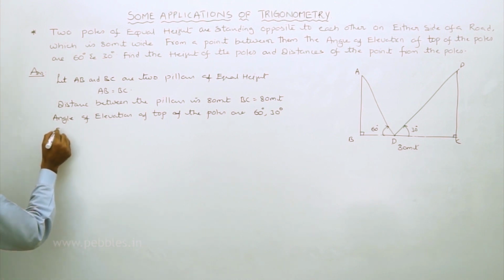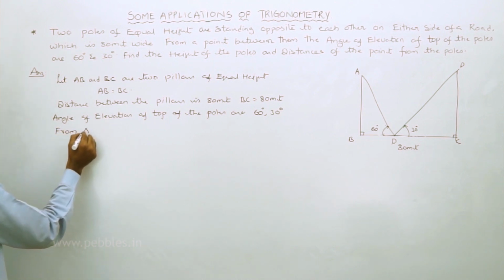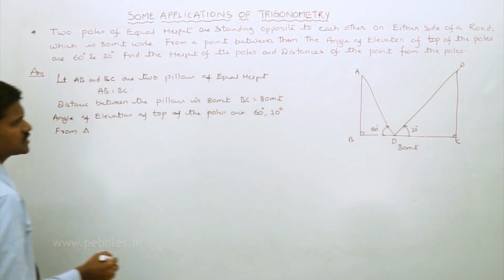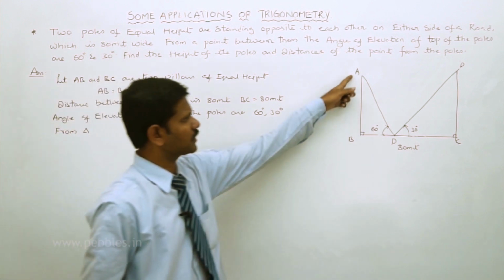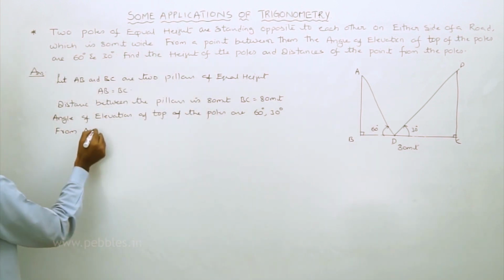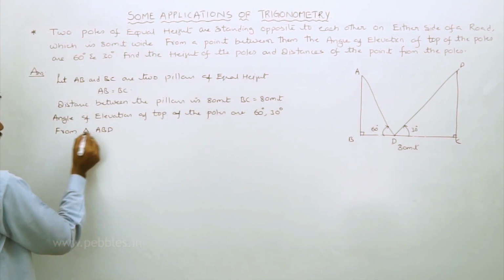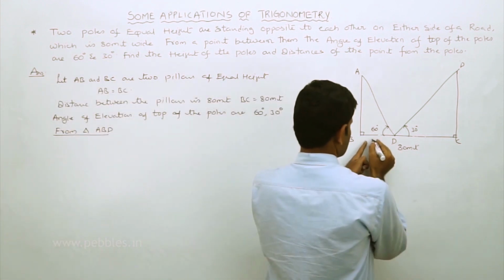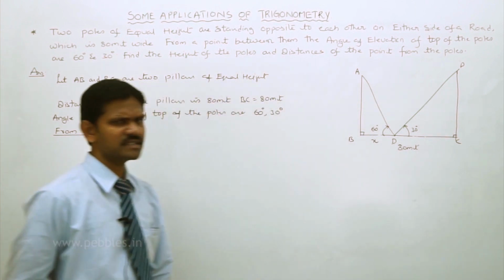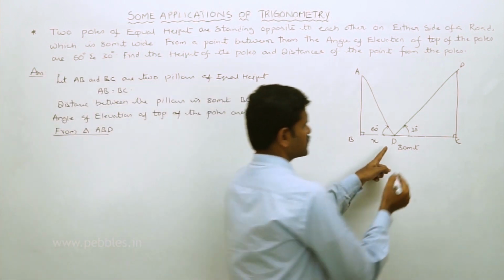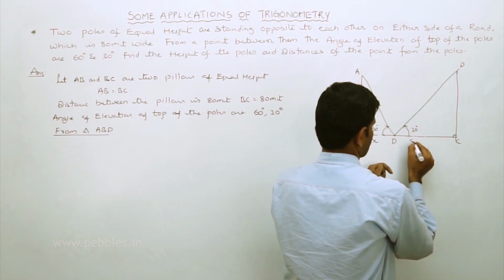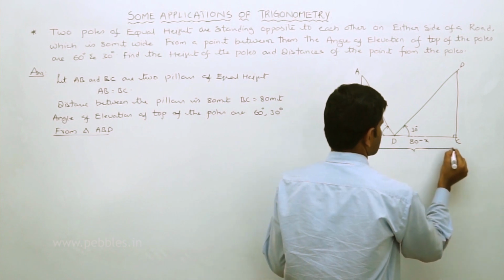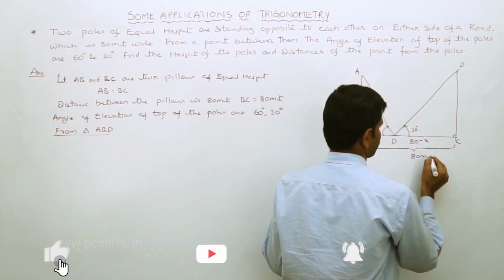Now let us consider the triangle ABD. Suppose we consider BD as X, then DC is 80 minus X. Why? Because the total width is 80 meters.